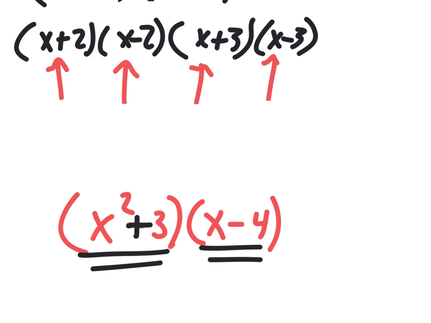If I put plus here, then nothing can make that part 0. Which means this part has an x-intercept. This part, there's no way. You can't think of anything to put in there that would make that equal 0, because you'd have to have something squared that came out to a negative, and that would mean imaginary numbers, right? So that's not real, which means there would be an imaginary part.